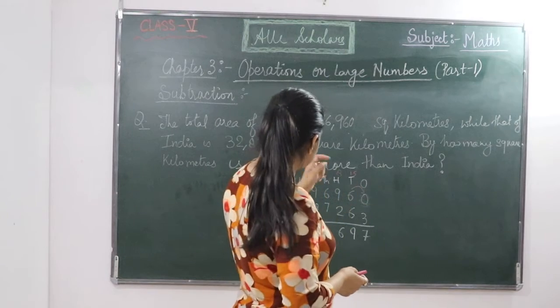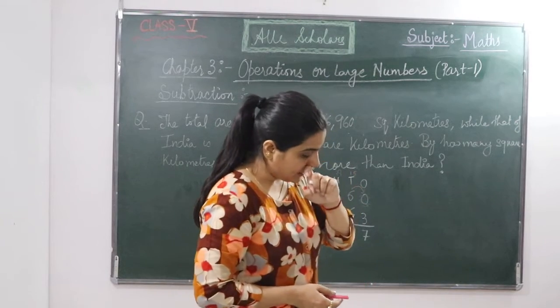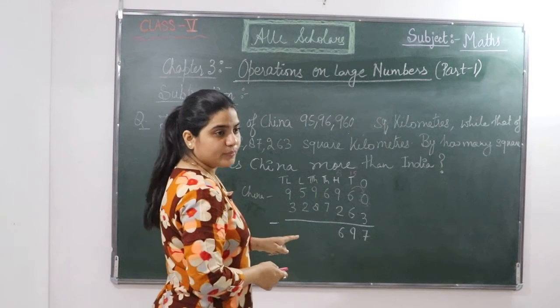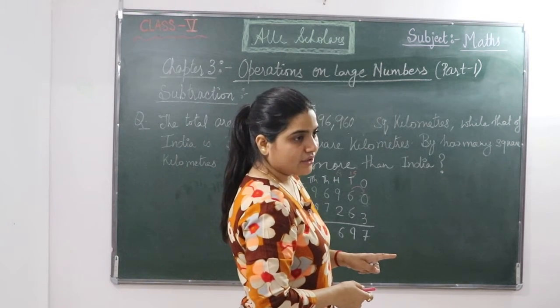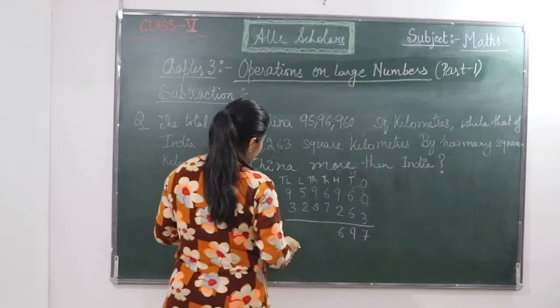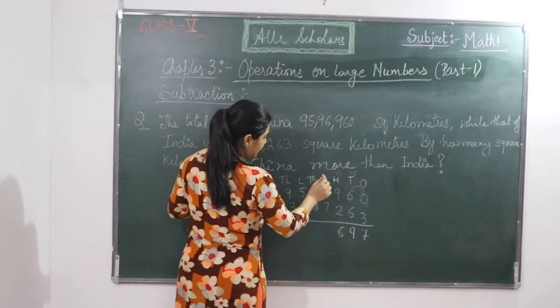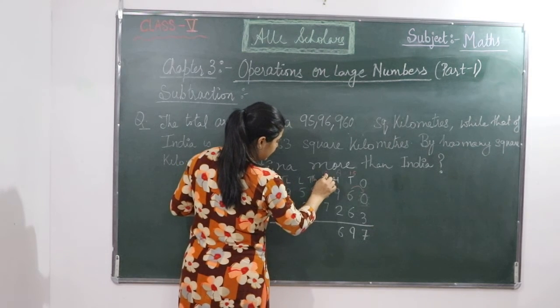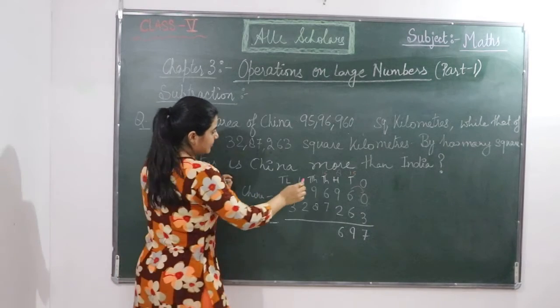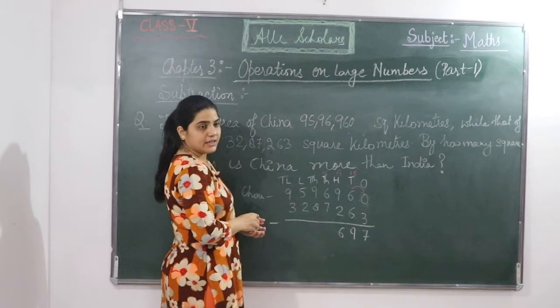No. So in the same way as we have taken 1 carry, we will take 1 carry again here. So it is going to be 16. Okay? When we take 1 carry, 16 minus 7. Fine? 16 minus 7 gives you 9.